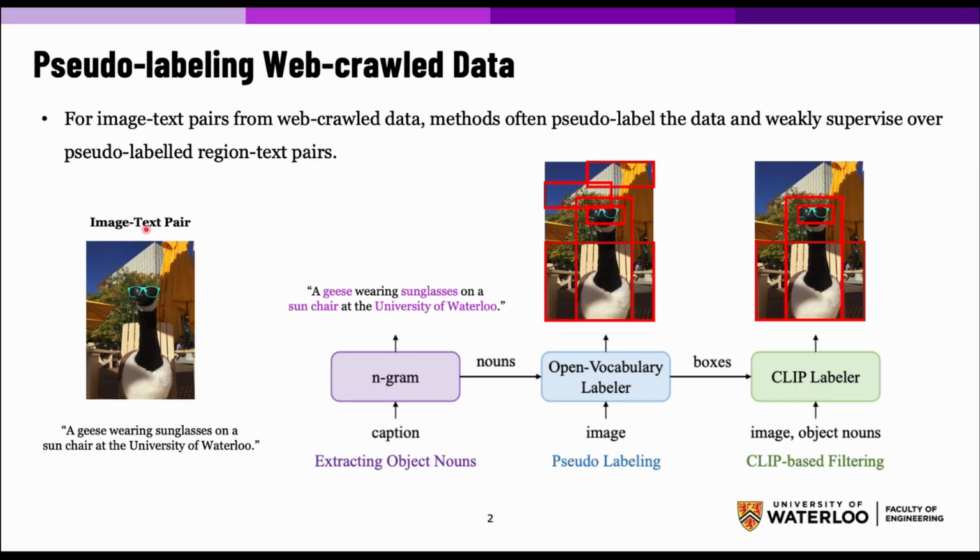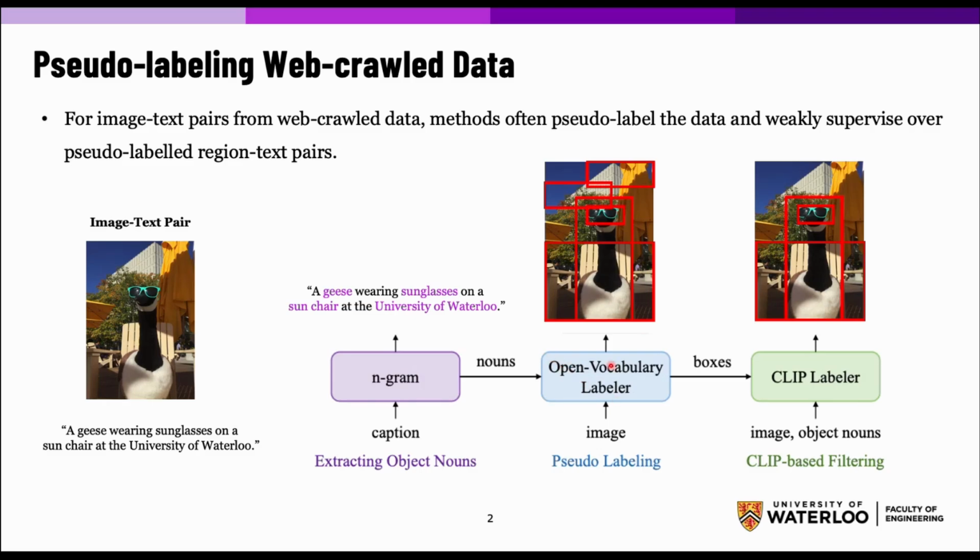Suppose we have this image text pair that we scraped from the internet, and somehow we found a phrase that pairs with this: a geese wearing sunglasses on a sun chair at the University of Waterloo. What methods will do is first extract the nouns from the phrase, so geese, sunglasses, sun chair, and University of Waterloo, and then feed them into a previous teacher or past method for open vocabulary object detection.